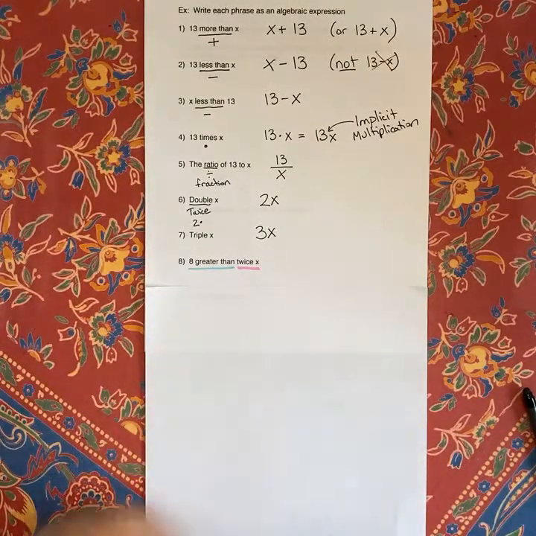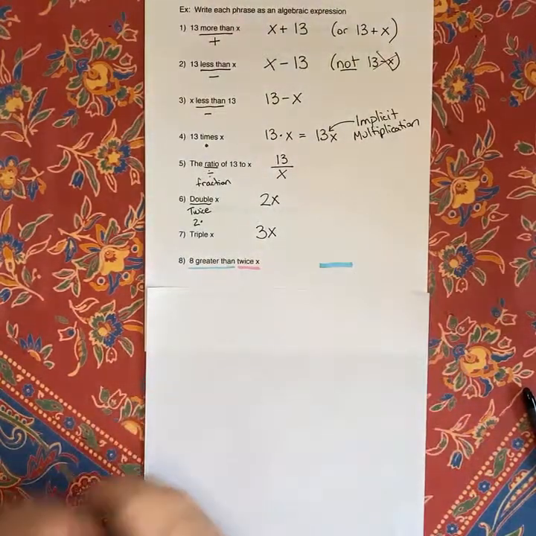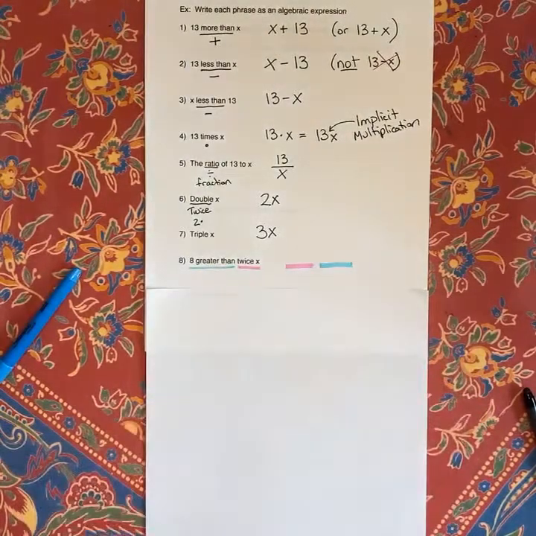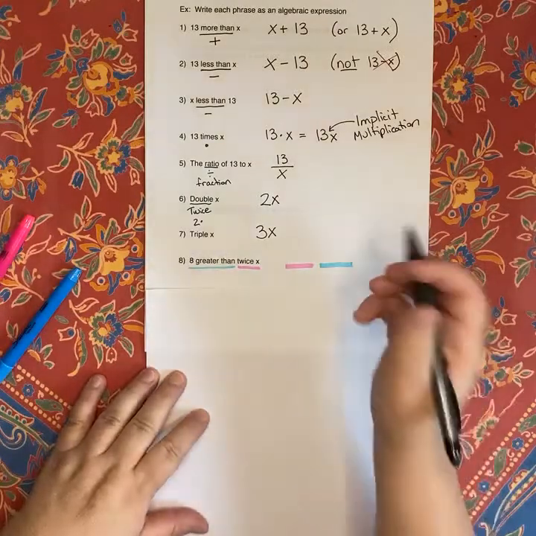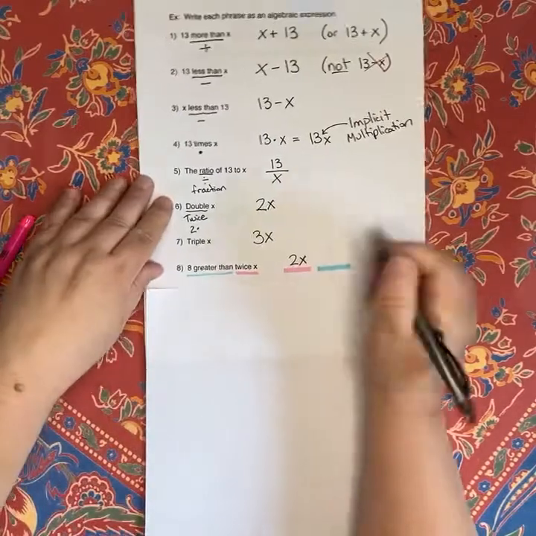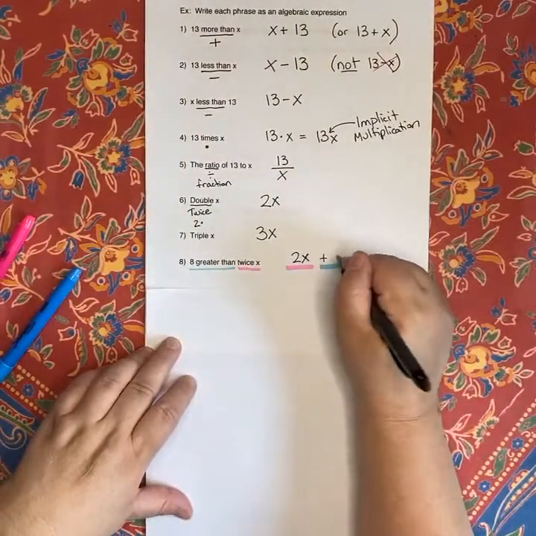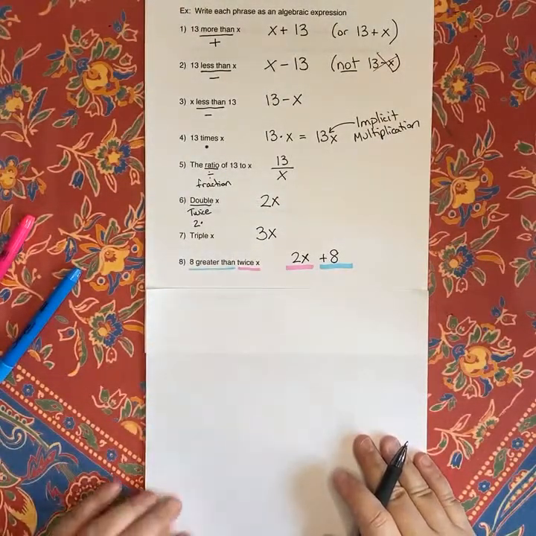So when I write this out, the blue is actually going to come at the end, and the pink is going to come at the beginning, right? I'm switching the order. Greater than, less than, more than, they all switch the order. So twice x is 2x. Oops, that was exciting. And then 8 greater than plus 8. So 2x plus 8. Woohoo, woohoo.